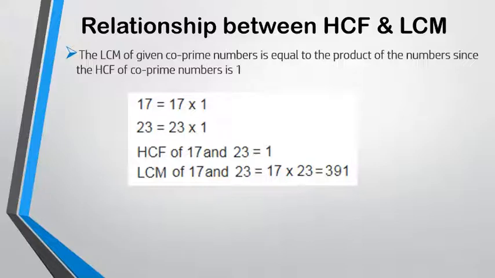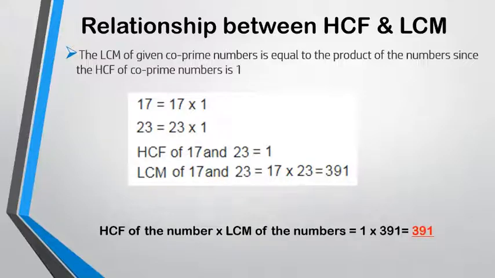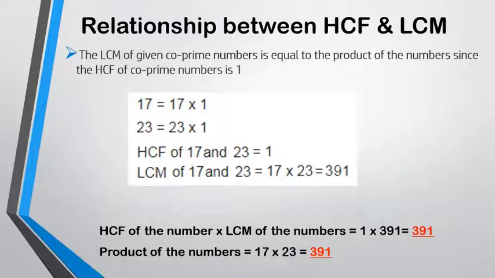And the LCM of 17 and 23 is 17 into 23, which is equal to 391. So the HCF into LCM is 1 into 391, which is equal to 391. The product of the numbers is 17 into 23, which is also equal to 391.